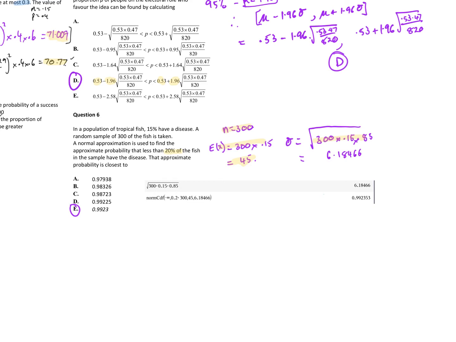So if I have a 45, 6.8466 distribution, and I want between negative infinity and, in reality, 20%, and 20% of 300 is 60, so we could just work that out. I end up with 0.99235.